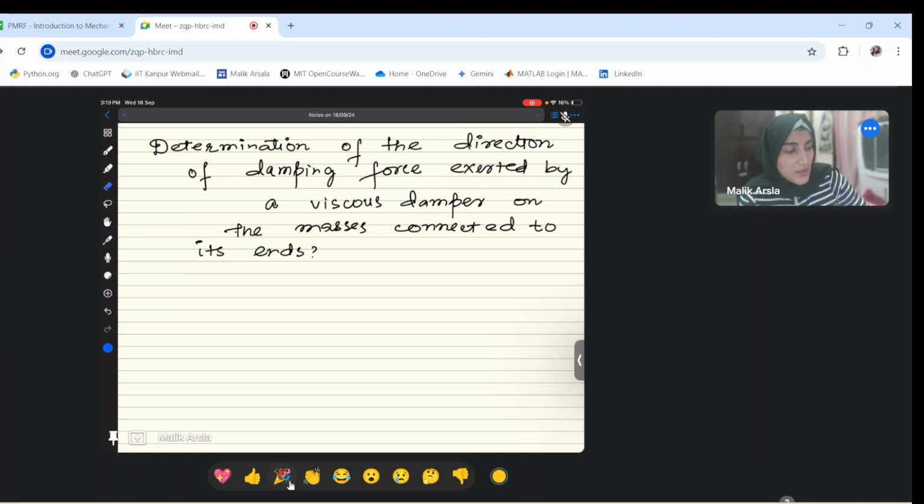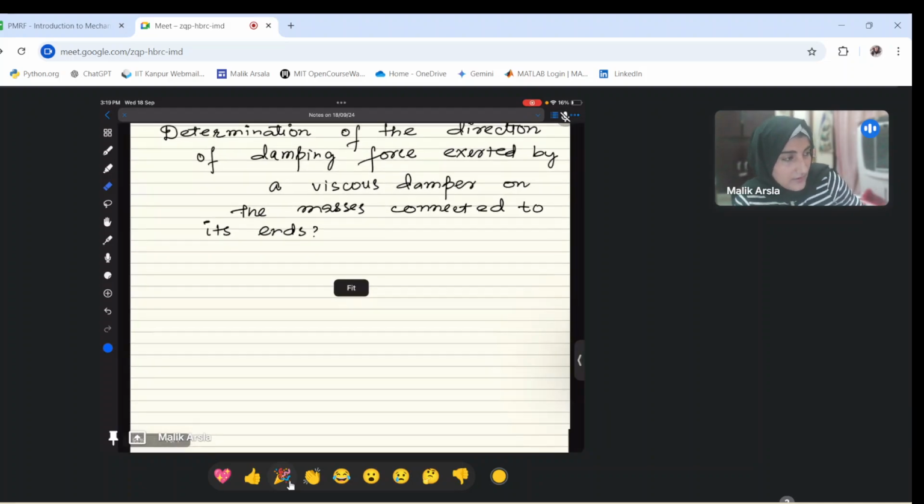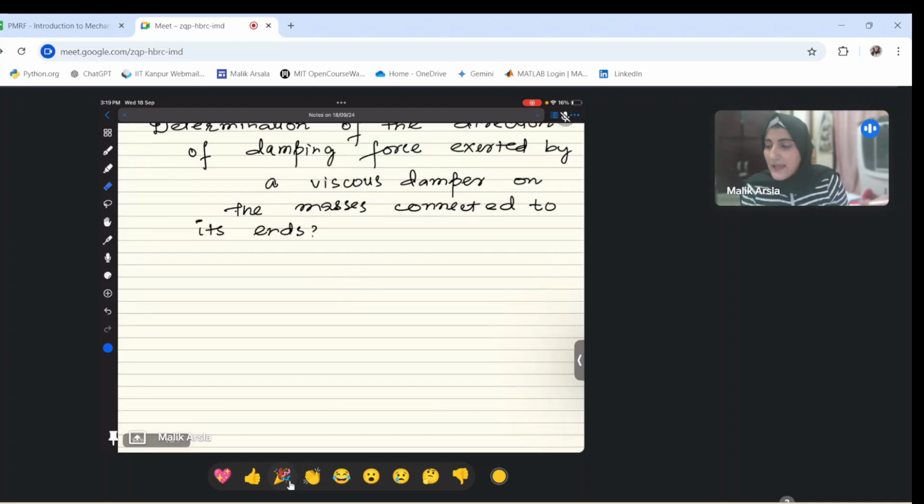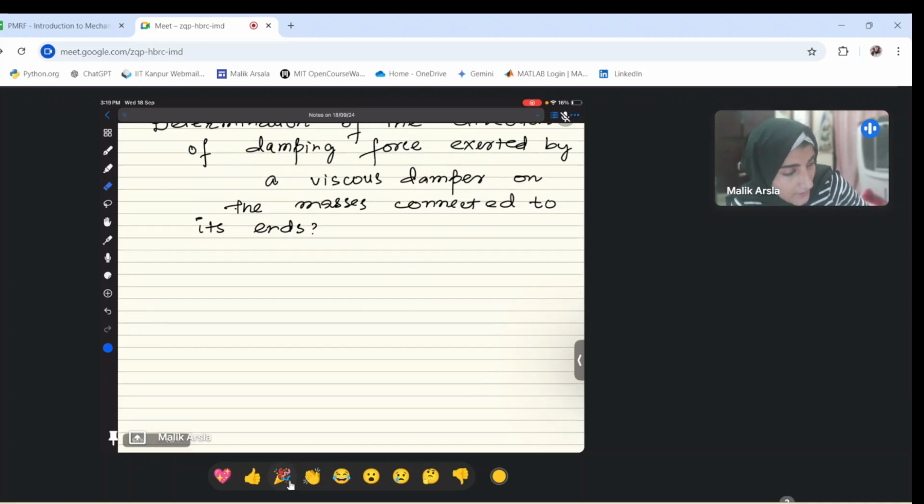It is similar to the example we did in last class. I will maybe visit back to the example again so that you get a clear understanding. But right now, I would simply draw two masses with the damper, and I'll show you how to determine the direction.